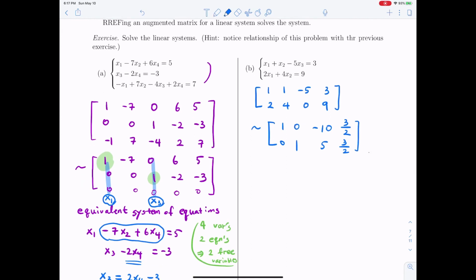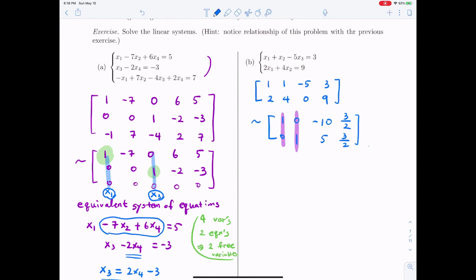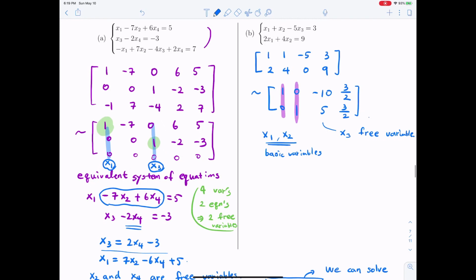So here we have pivot columns along the first and the second column. So here we can imagine that x1 and x2 are basic variables, and x3 is the free variable. So the augmented matrix gives us an equivalent system of equations.